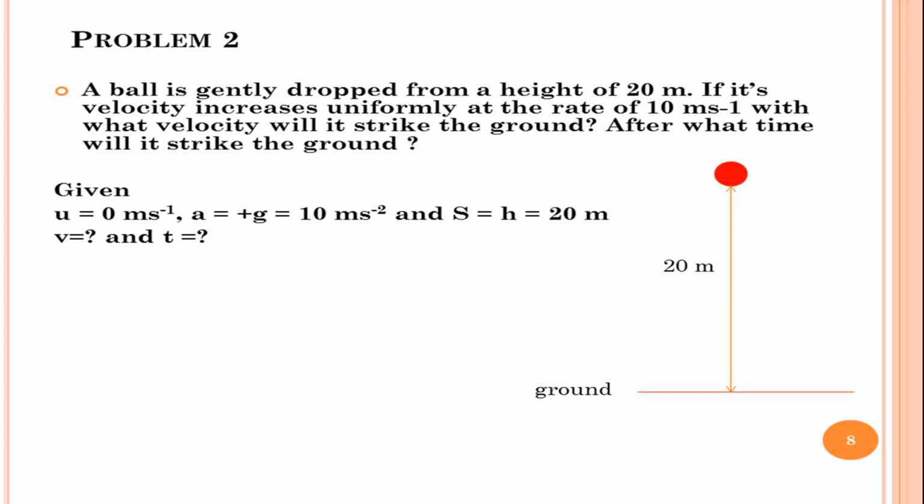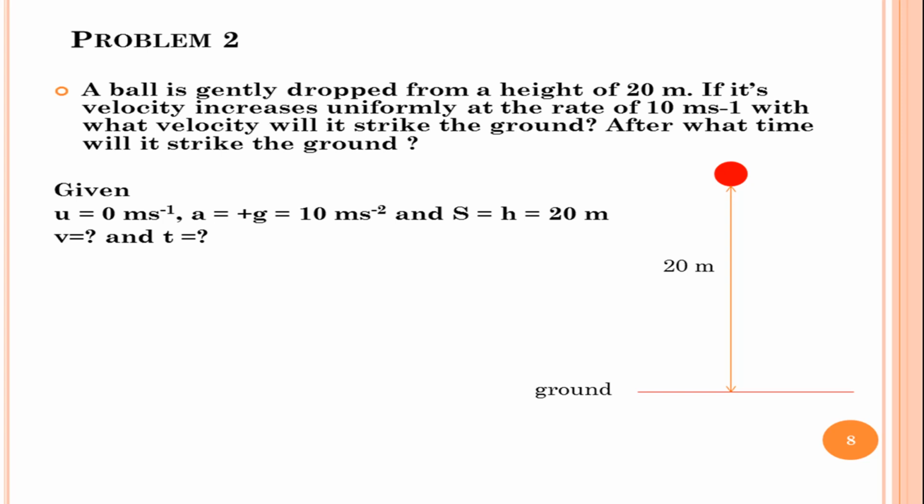Now here a ball is gently dropped from a height of 20 meter. If its velocity increases uniformly at a rate of 10 meter per second square, with what velocity will it strike the ground? And after what time will it strike the ground? Now there are two parts in this problem.